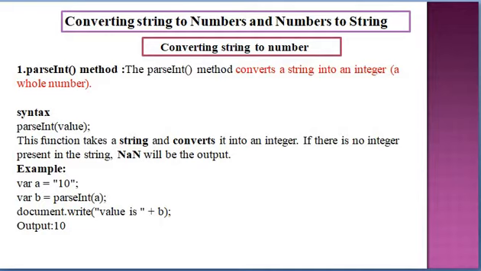This is an example of the parseInt method. First, a is a variable and it is assigned 10 as a string. This is called a string, and it is converted by using the parseInt method into a number, that is string to number. Here I am taking one variable, b is equal to parseInt(a). Here I am assigning the result of parseInt to b and printing b.